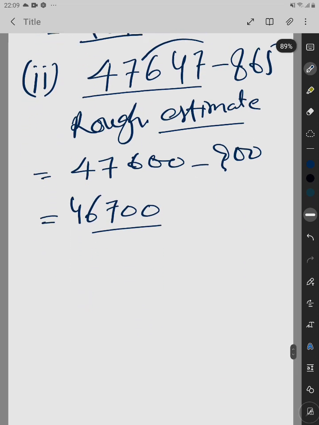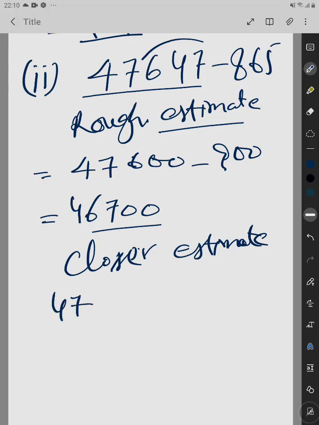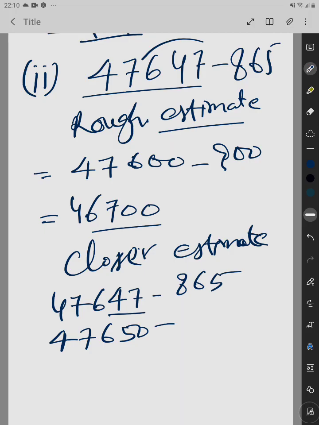Okay, let's go for the closure estimate. For closure estimate we need to round up to nearest tens. So we'll write it again, 47647 minus 865. The 47647 will become 47650, and this one will be written as 870, since its nearest ten is 70.